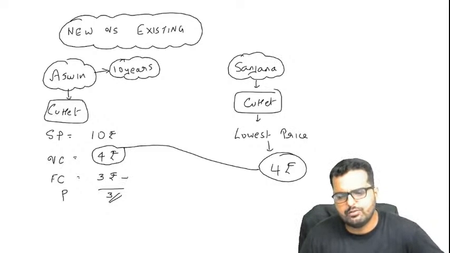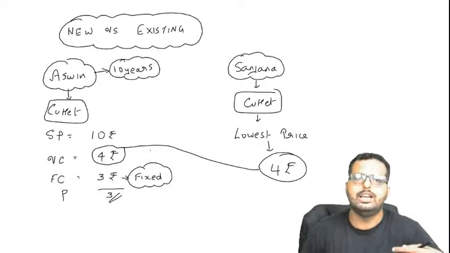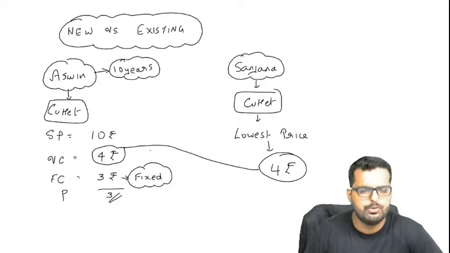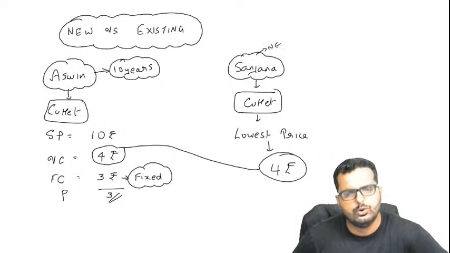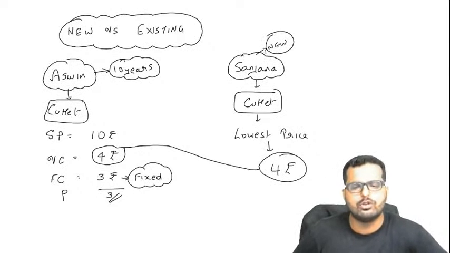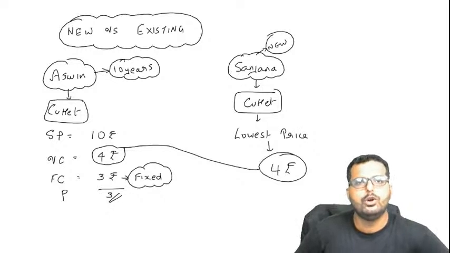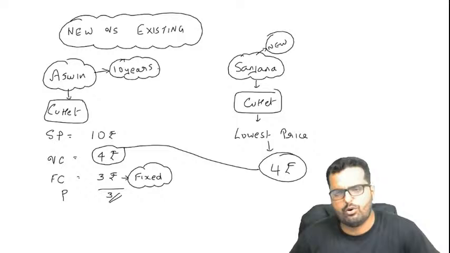Why I don't consider the fixed cost is because it is a fixed cost and it will anyways come whether or not I produce. So initially, if you are launching a new product, you would launch it at variable cost, but if you are an experienced fellow, you would like to sell it at variable cost also and fixed cost also. I'll go to a fresh page.